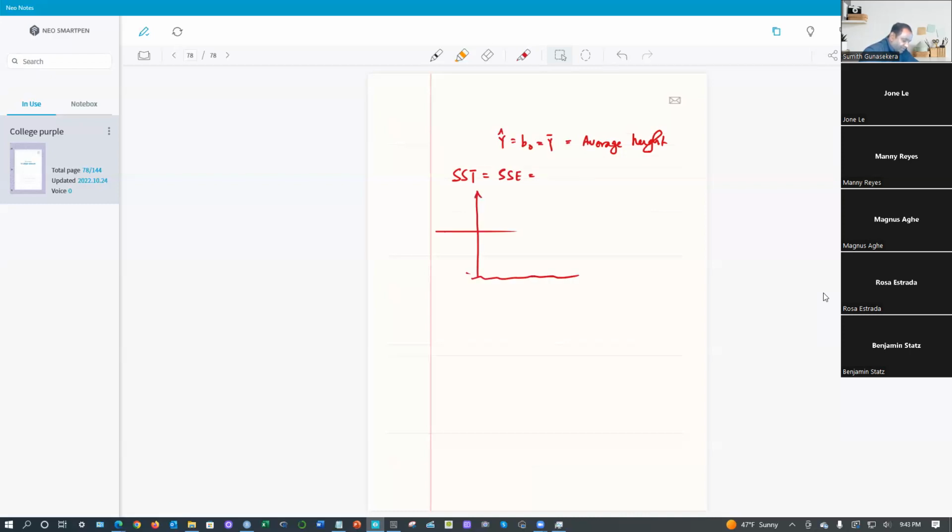These are the y values, y bar. The gaps are these errors. This is y hat, this is b naught, and this is y, any y.